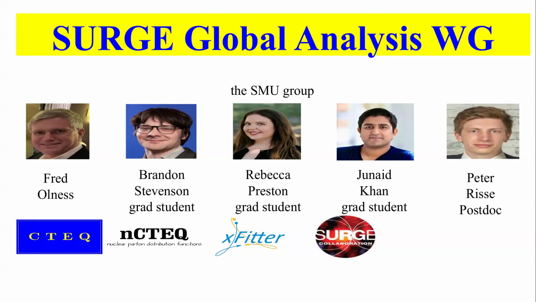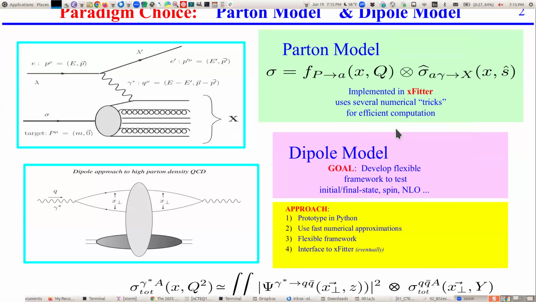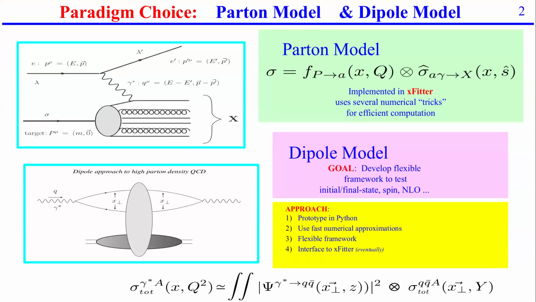So all you really need to know is it is dealing with gluon saturation. When you're studying gluon saturation, you do this by studying the structure of the proton. You've seen that there are two different ways you can do this: the Parton model, which we've discussed in some detail, and then there's the dipole model.